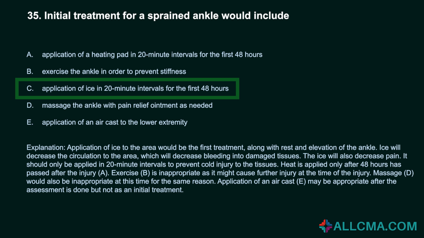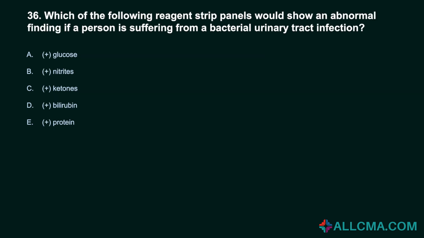Exercise, B, is inappropriate as it might cause further injury at the time of the injury. Massage, D, would also be inappropriate at this time for the same reason. Application of an air cast, E, may be appropriate after the assessment is done but not as an initial treatment.